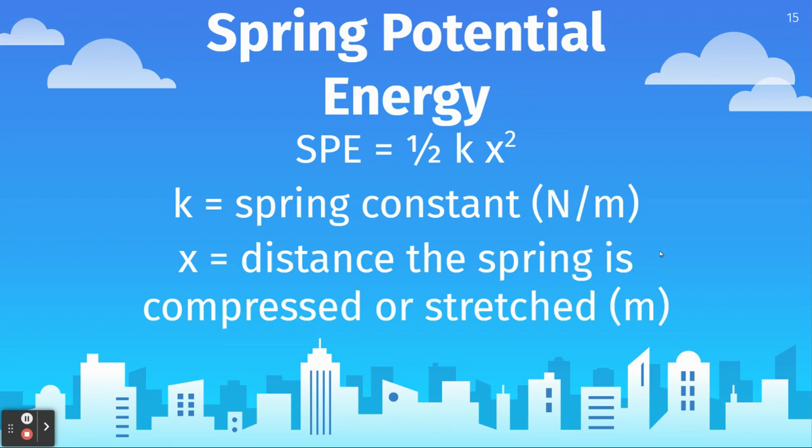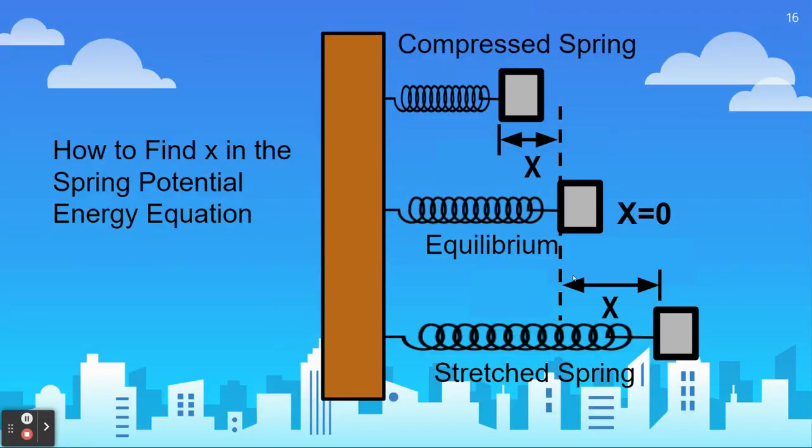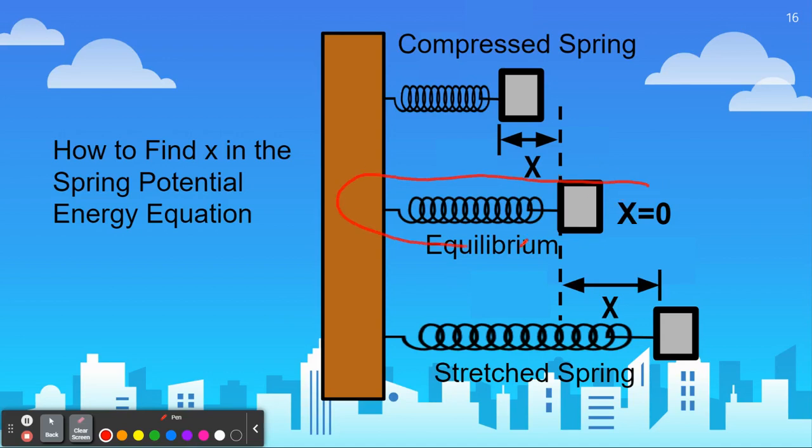Now, this part gets a little bit tricky, and it makes sense once we talk about it. But if you have your equilibrium, so this is how long the spring is going to be if you don't do anything. If you just put the spring there and just let it sit on your table, this is how long it's going to be. And then if you compress it, if I squish it, let's say I make it so that it's smaller now, x is this distance.